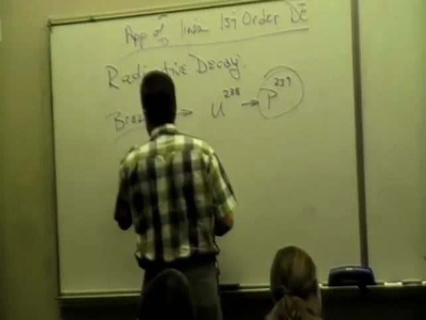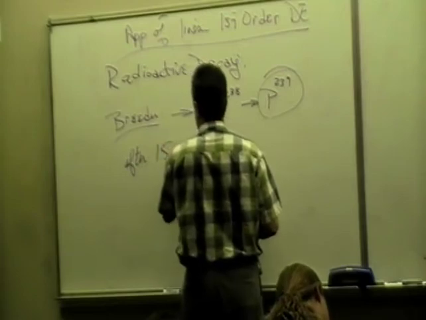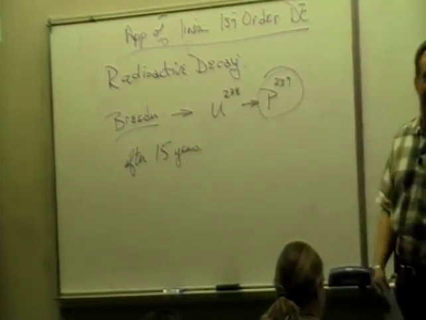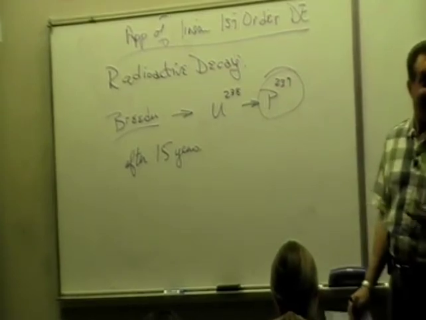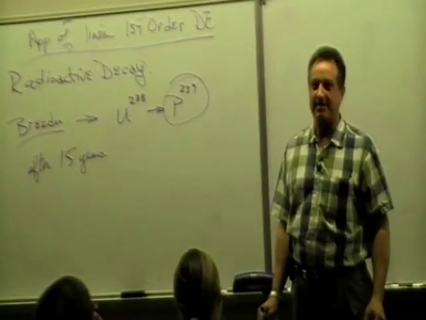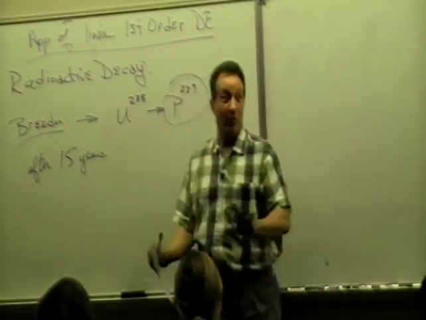And after 15 years, I have a whole bunch of this in my backyard. Now, how much is a bunch? If you had a pound of this, you'd be visited by many, many people in dark suits. Guaranteed. From all over the world.